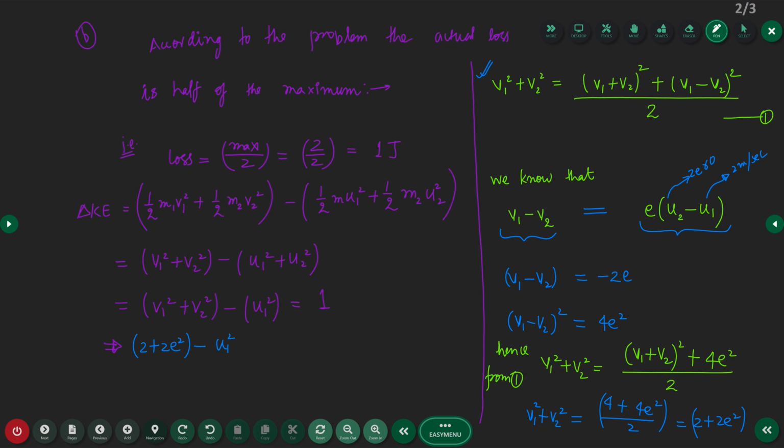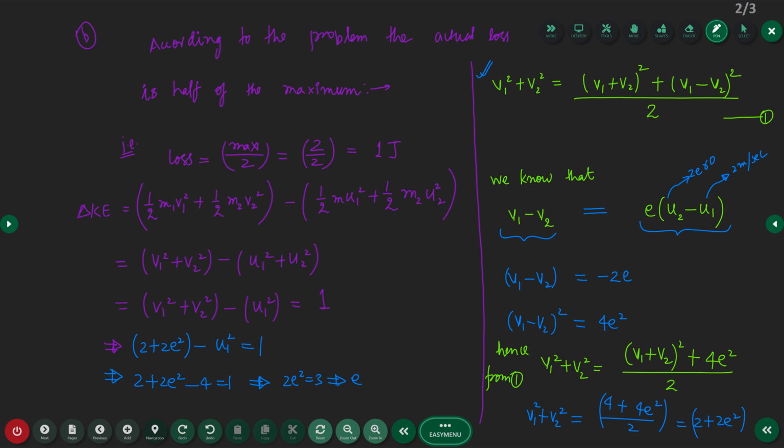So v1 square plus v2 square, directly now we can substitute 2 plus 2e square minus u1 square is equal to 1. u1 we know was 2 actually. So 2 plus 2e square minus 4 equals 1. So 4 plus 1, 5. 5 minus 2 is 3. So 2e square equals 3.